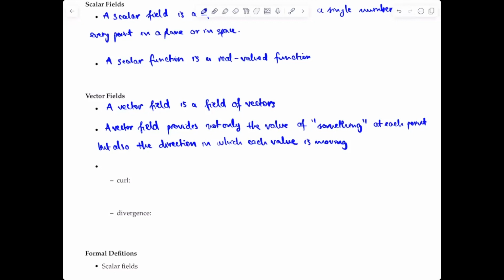So again, the example that I mentioned is the airflow in this room. At each location you can measure the temperature, but also can tell the direction in which the airflow is moving.